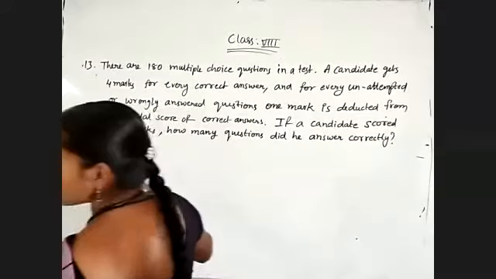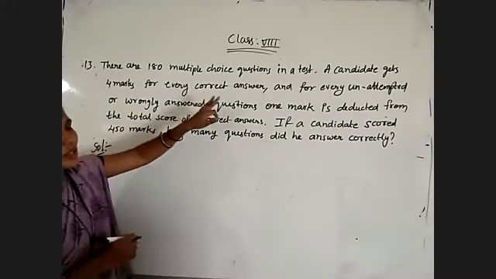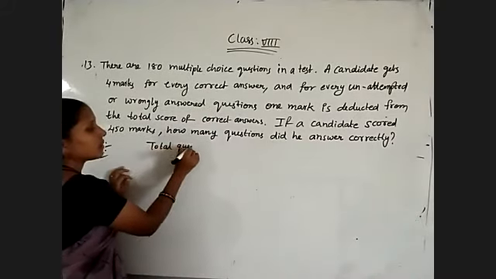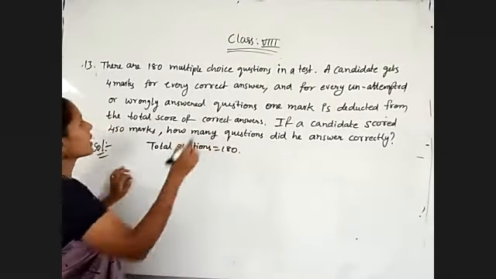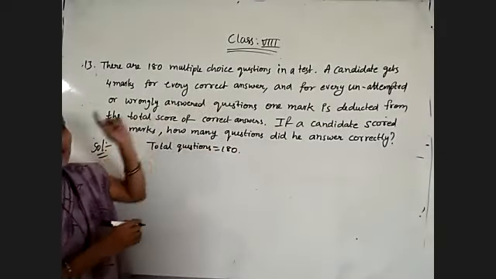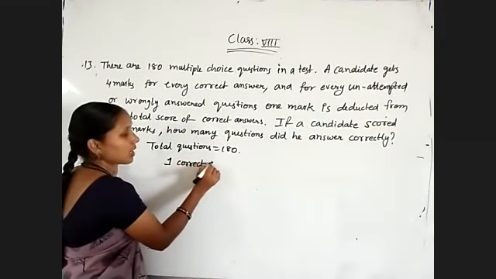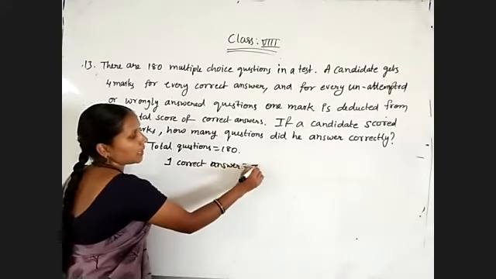Okay, this is my question. Listen, there are 180 multiple choice questions. So total questions is equal to 180. A candidate gets 4 marks for every correct answer. So for one correct answer he is getting plus 4 marks.